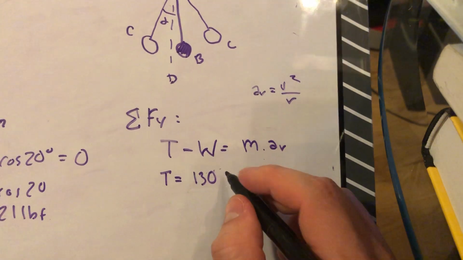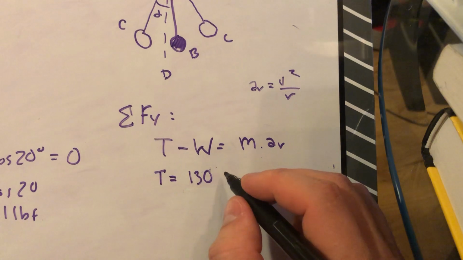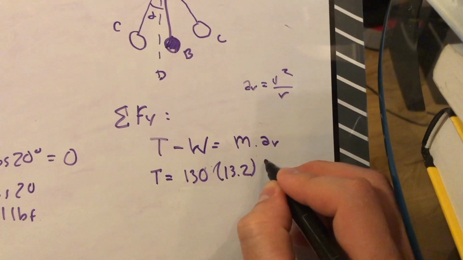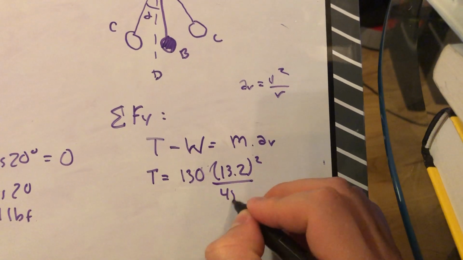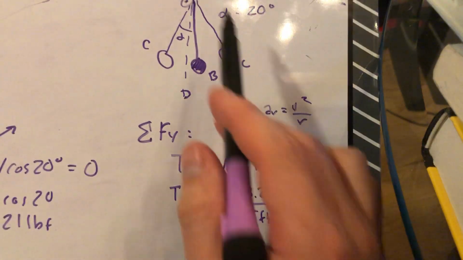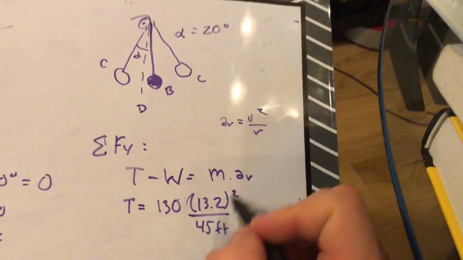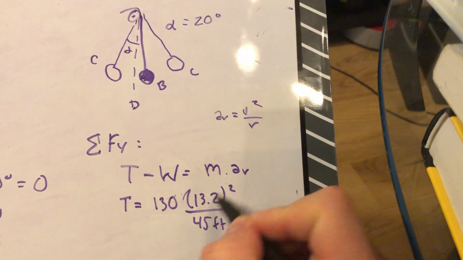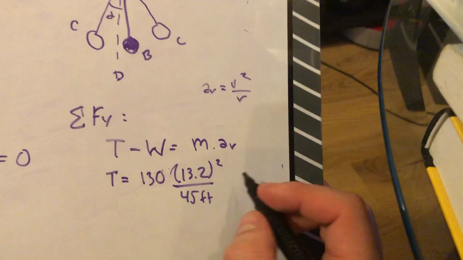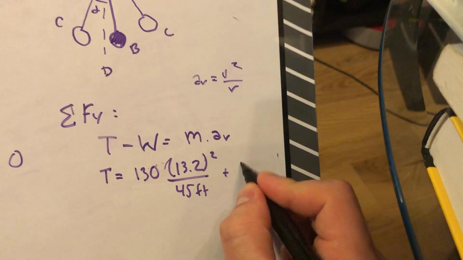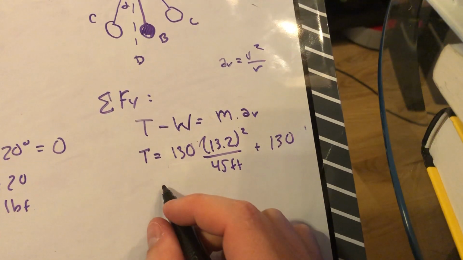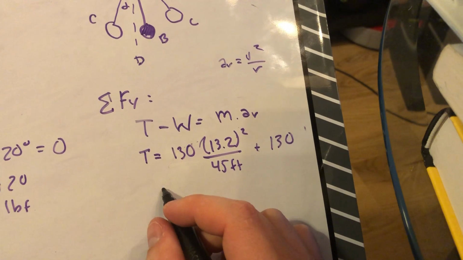That's fine, whatever. We'll ignore that. Okay, so what's going on here? We have 45 feet, we have 130, and we have the velocity at the bottom of the swing, given here. And that's not that bad. Plus 130 is the weight. So that'll give us pound force.